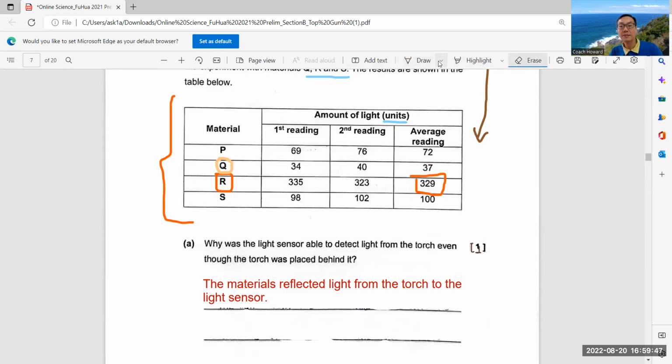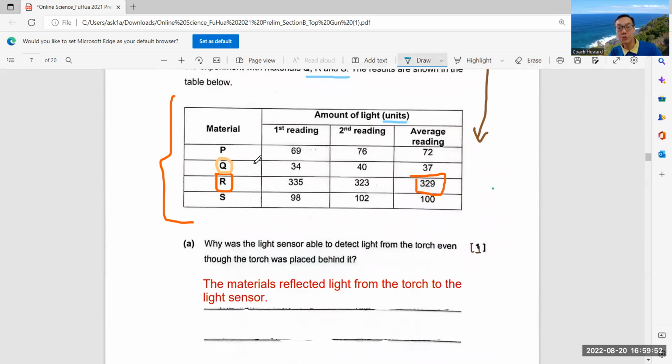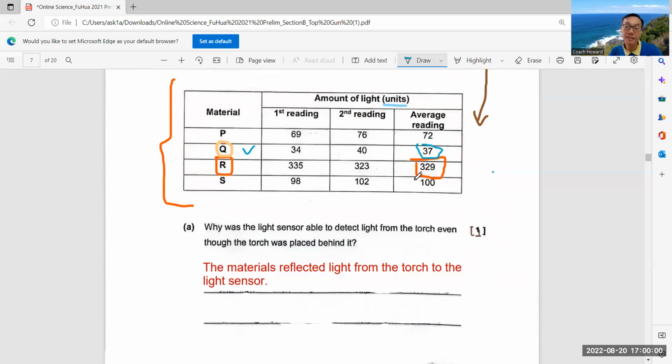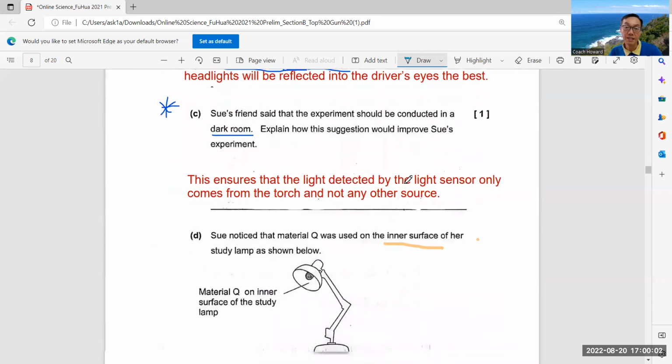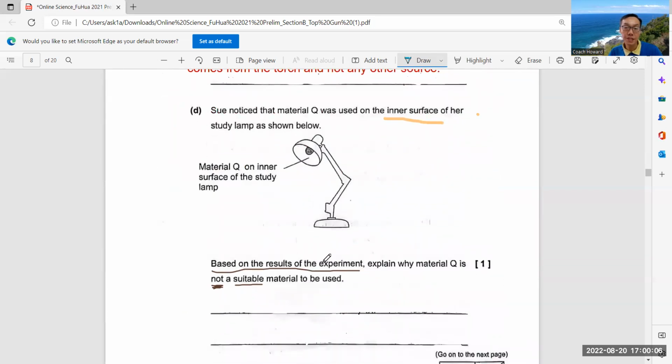Now they ask you another question. If Sue chooses material Q, which has such a low reading, that means material Q reflects light least. Based on the result, this part you underline, explain why Q is not a suitable material to be used.